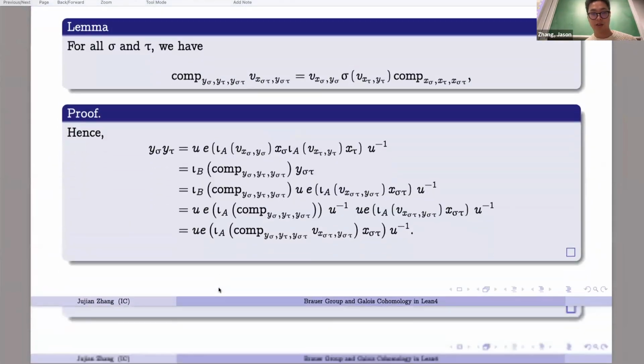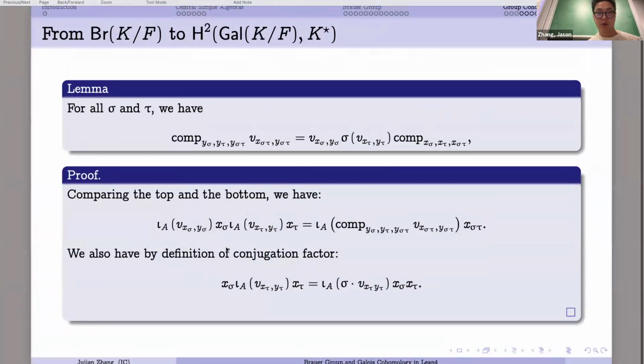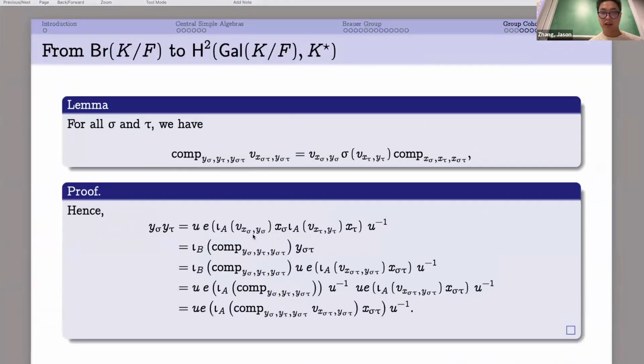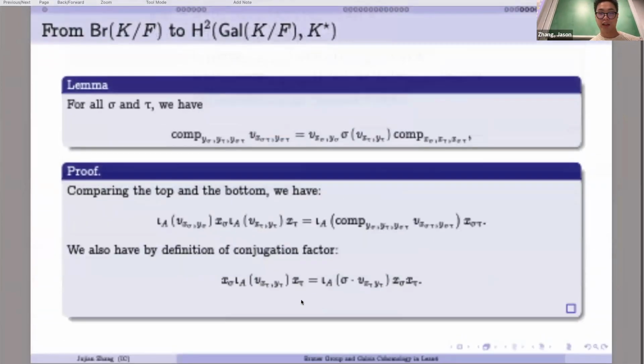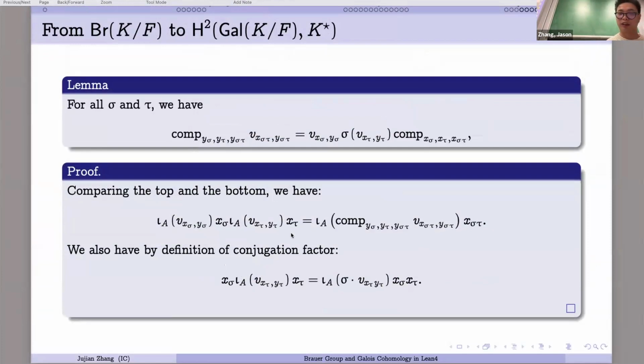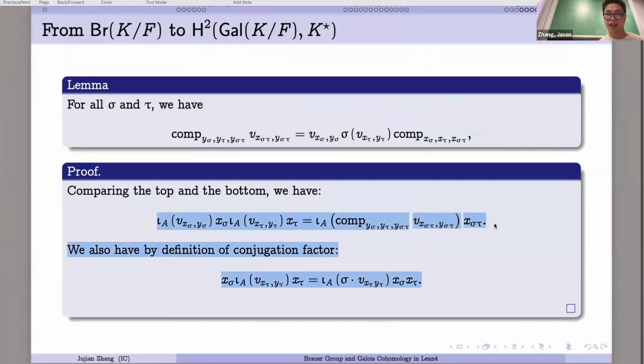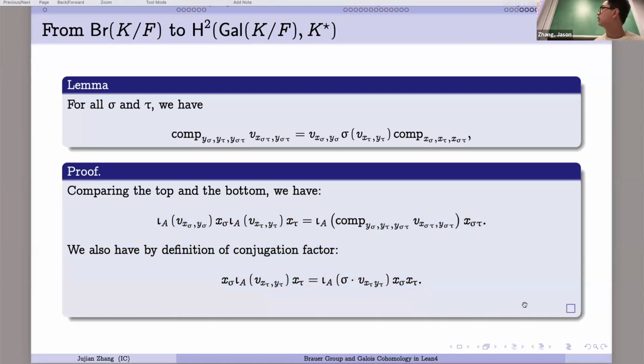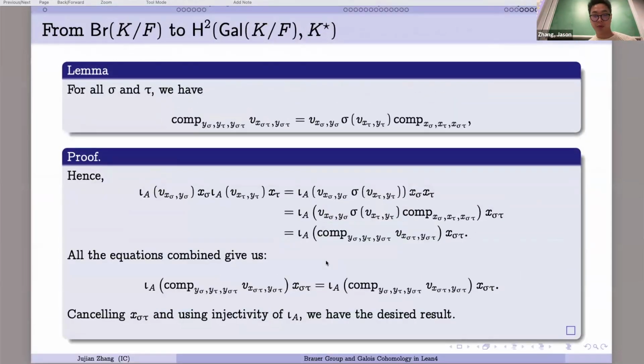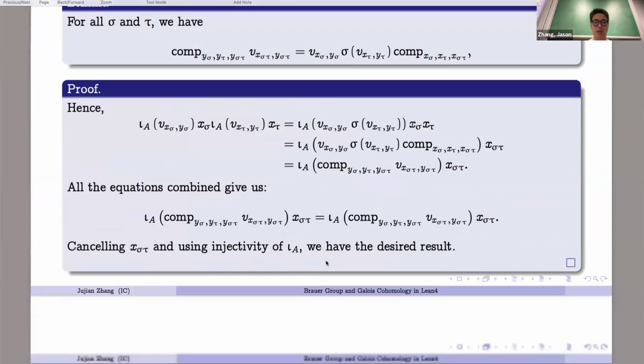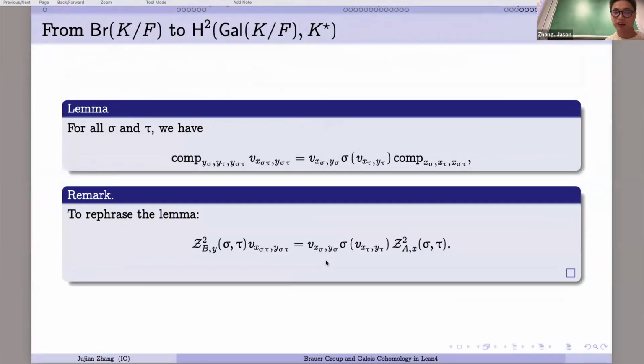So if we compare this part with this part, and we cancel the U and U inverse and cancel the iota A, we see that this equation holds, and because of the definition of conjugation factor, we finish the proof.